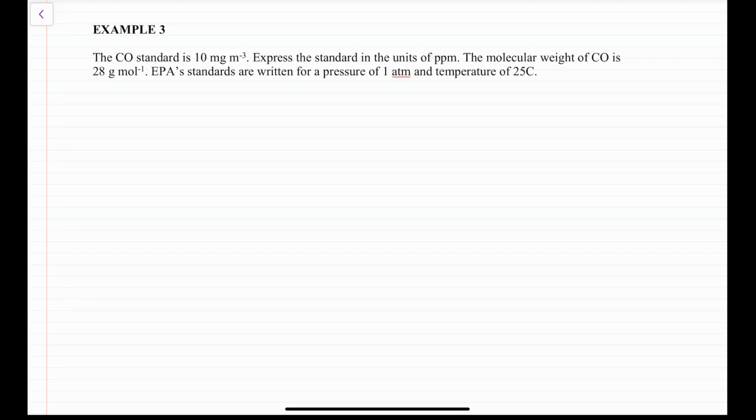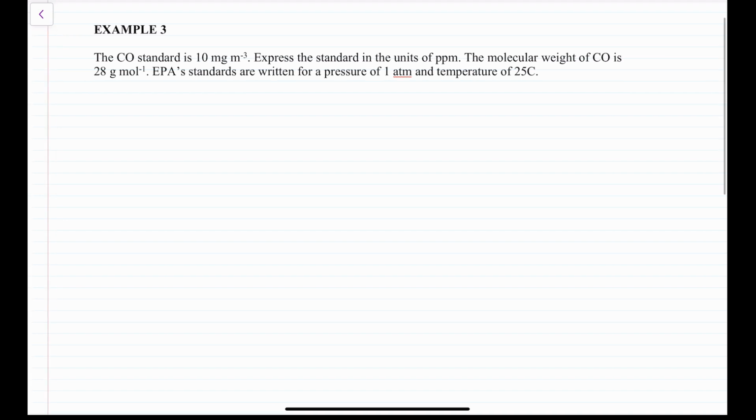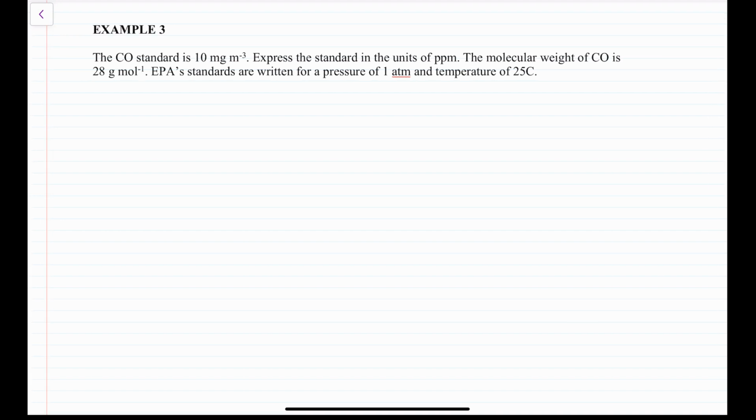Okay, let's look at this example. The CO standard is given as 10 milligram per meter cube. We have to express this in the units of ppm, so converting from C to Y. We are also given the molecular weight of CO, and it seems that we are being indicated that these are standard conditions. So let's see what's given to us.